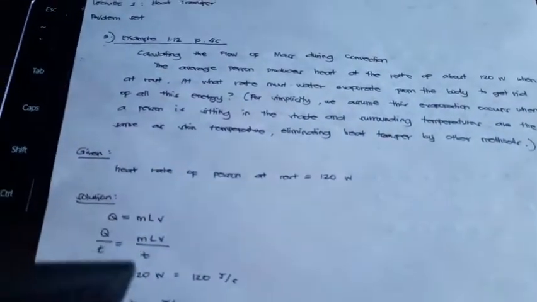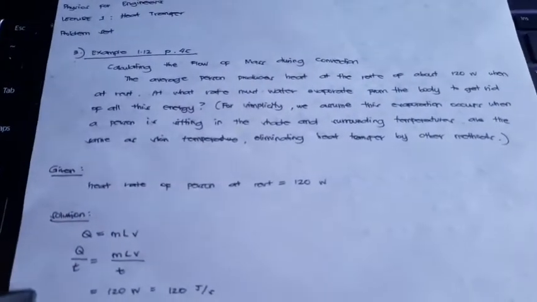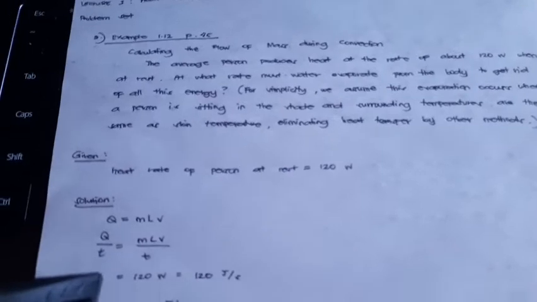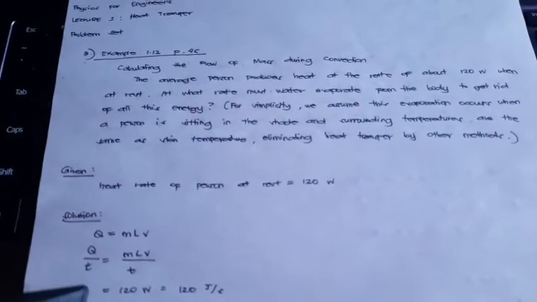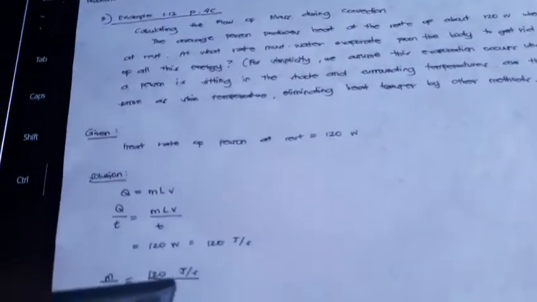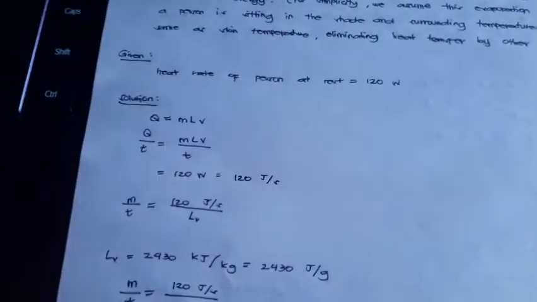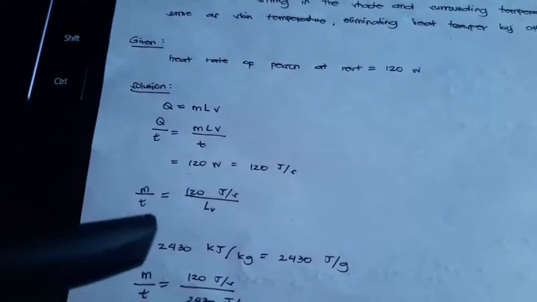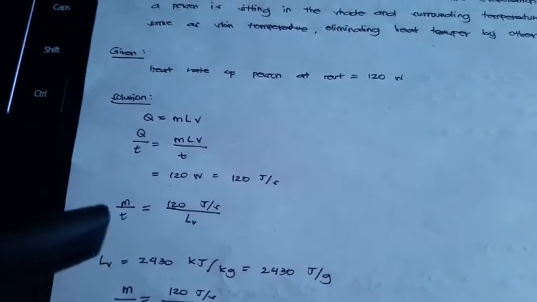Thus the energy loss per unit time is Q over T equals mLv over T. 120 watts is equal to 120 joules per second. So m over T is equal to 120 joules per second over Lv.